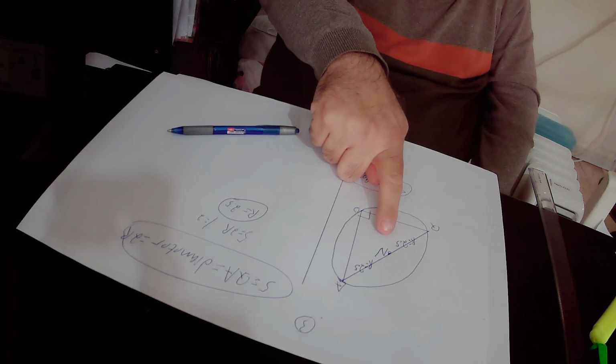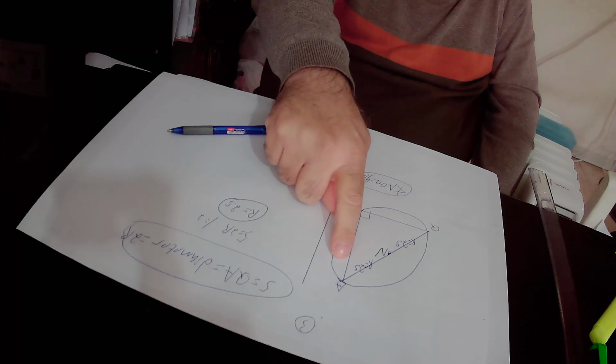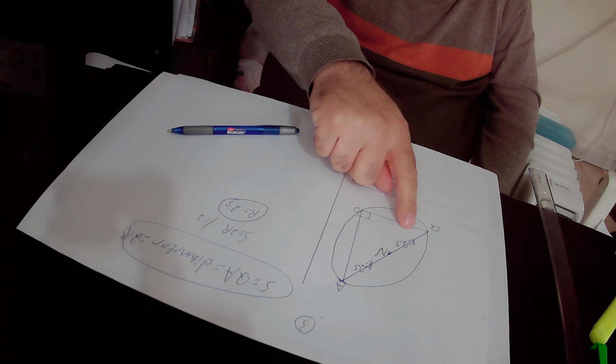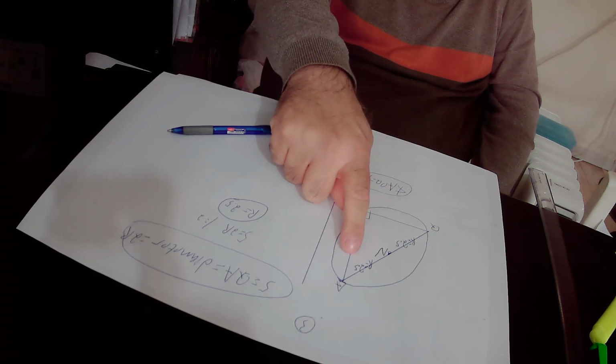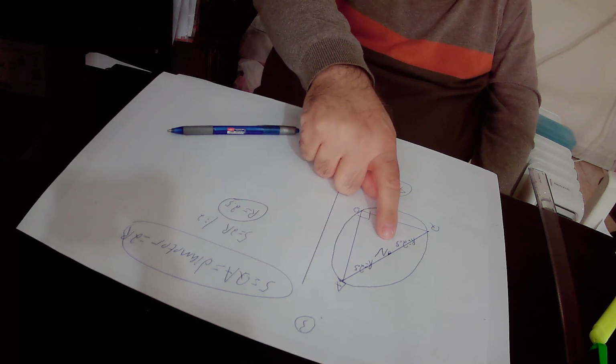What is the middle of QA? Here, QA in total equals 2.5 plus 2.5, that is 5 units. So the middle of the diameter is at point N.